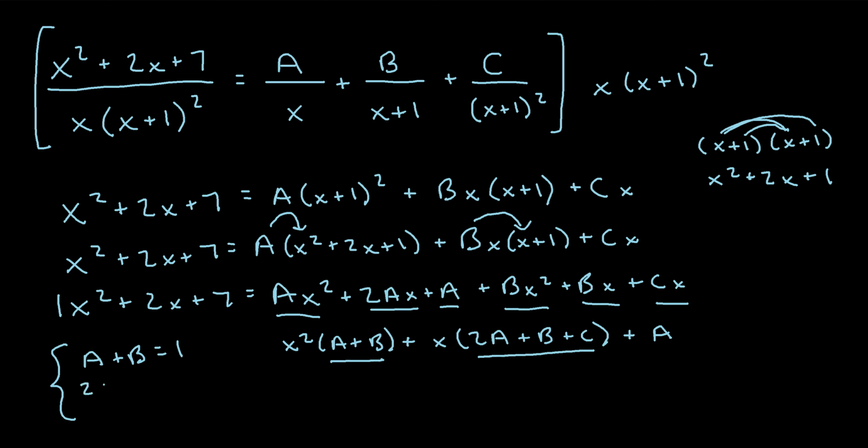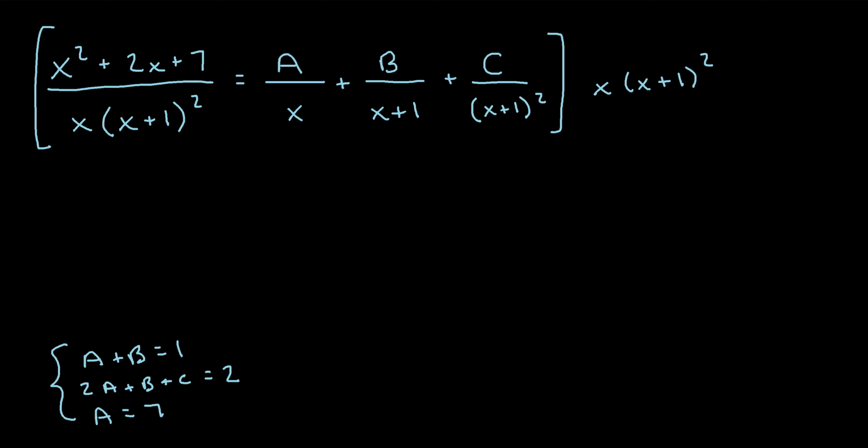So we can say 2a plus b plus c is equal to 2. And then lastly, we can set this a equal to whatever the constant term is on this side, which is 7. So we have a is equal to 7. So we can see that we have a system of equations right here where we need to solve for a, b, and c. So let's make a little room.